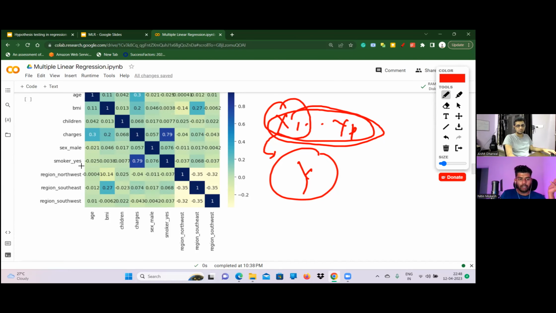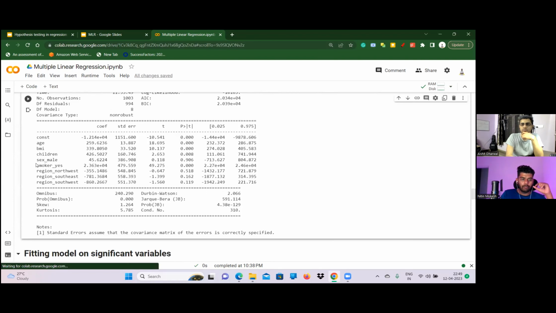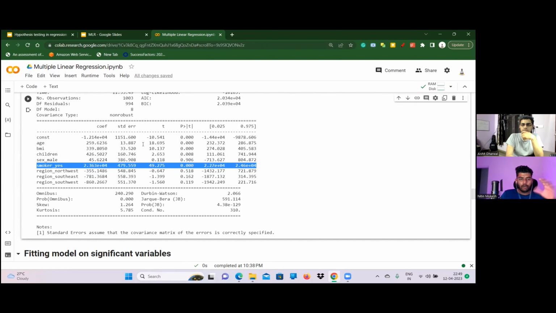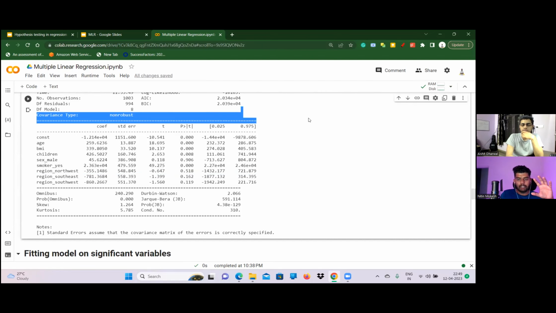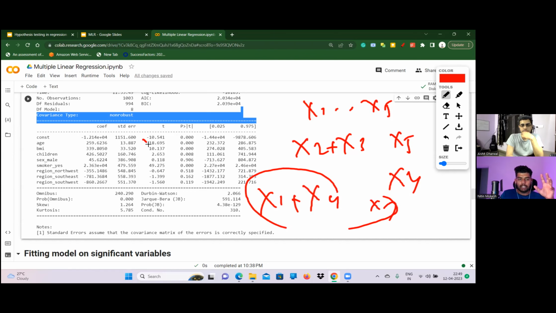You saw that smoker has 0.8, meaning the correlation is 0.8, that is 80%, and that is why when you plot the model, you can see that yes, this smoker is highly significant. So we do not look at correlation with y for multicollinearity. Let's say if we have x1 to x5, we see whether x2 and x3 together are predicting x5, or x4, or whether x1 and x4 together are predicting x2. So we see the relationship like that. It could also be that x1, x3 and x4 together are predicting x5. So we see the collinear relationship among predictor variables, not with y.